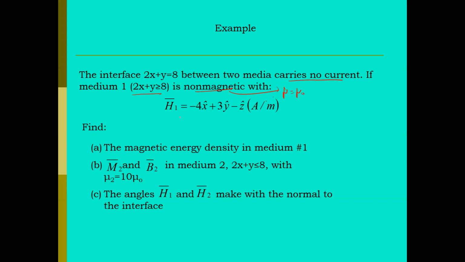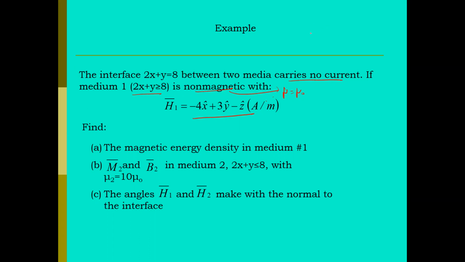And the magnetic field intensity in medium 1 is given by H1 equals -4 x plus 3 y minus z direction. So this will be the H1 field, the magnetic field in medium number 1.